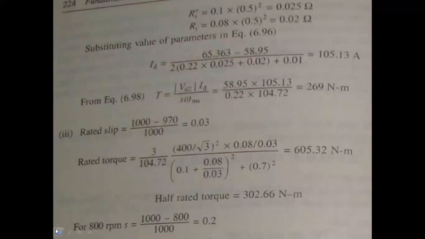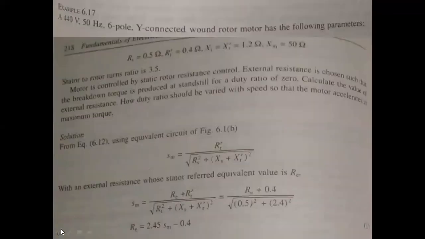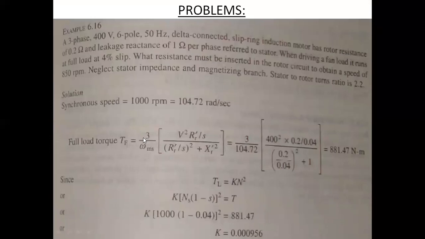Already you know the torque equation, T is equal to 3 by omega ms, v square rr by s, the normal equation without adding any extra resistance.